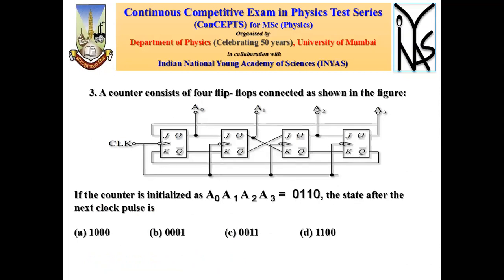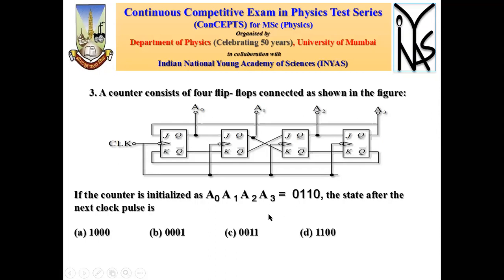Now I just told you that there is a variety of things that we have to understand. In this case, you have a counter consisting of 4 JK flip-flops, and they are connected like this. From left to right, the first one is A0, then A1, A2, A3.